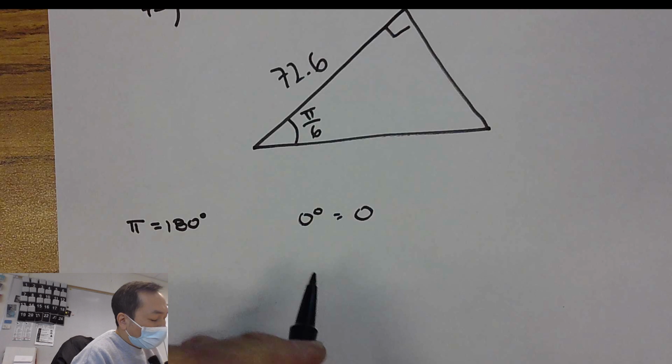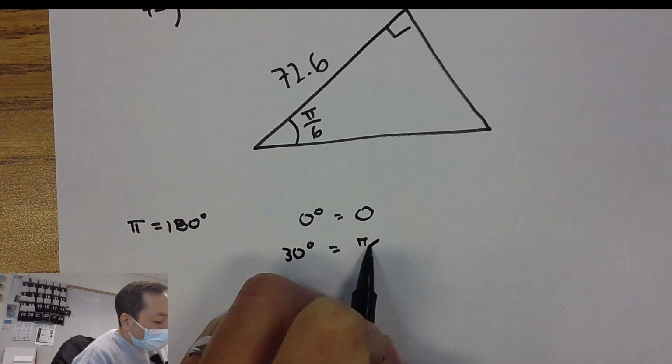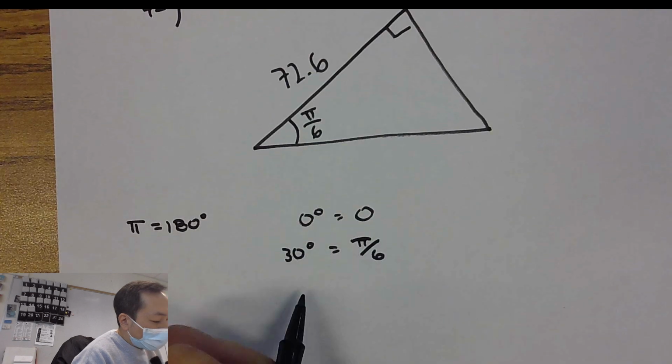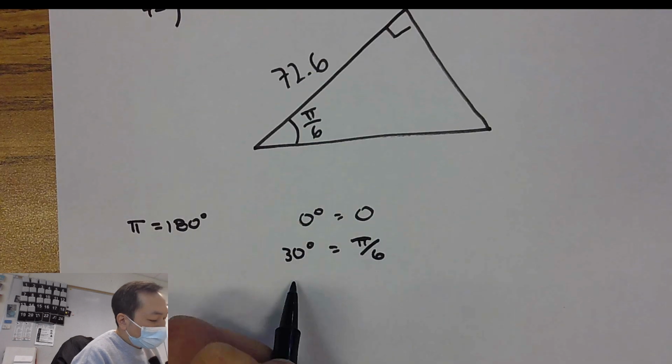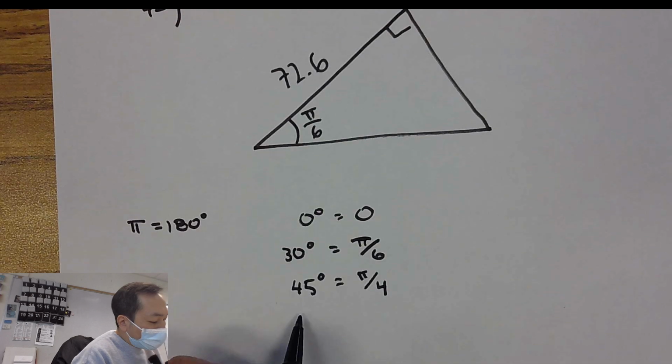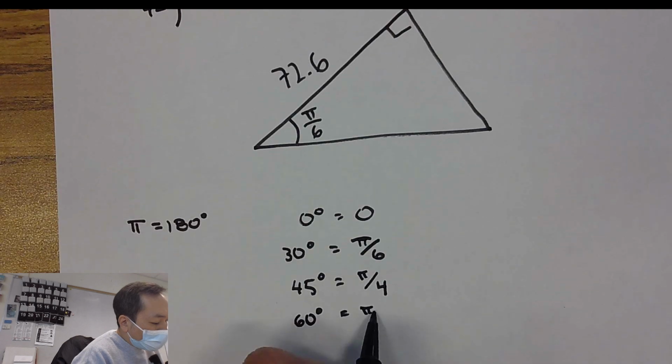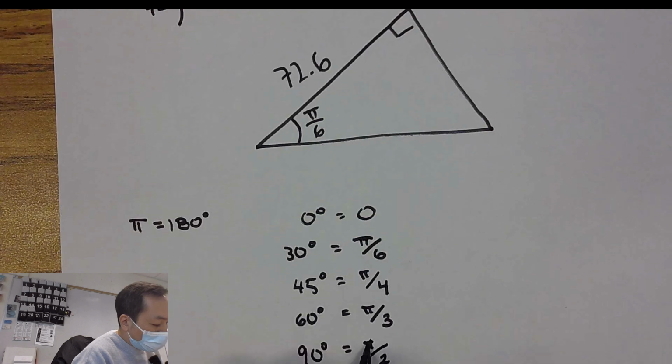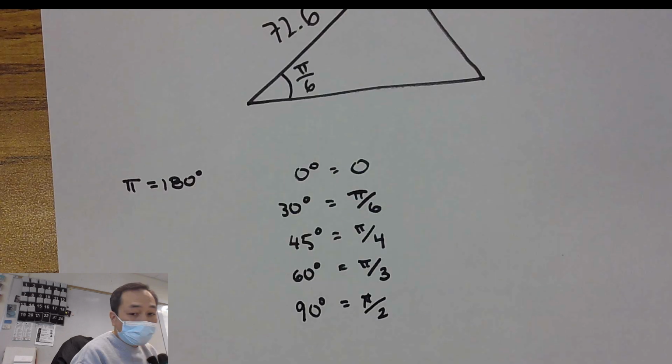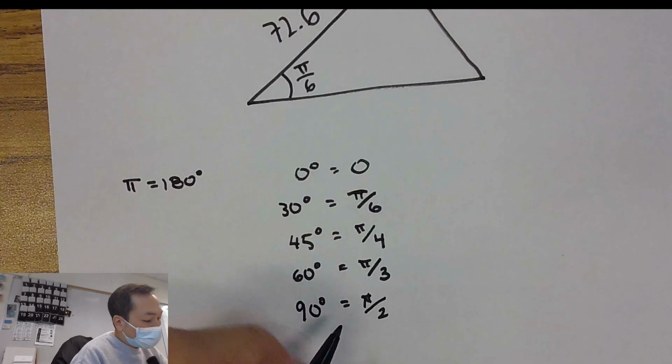That's easy. 30 degrees is pi over 6. 45 degrees is pi over 4. 60 degrees is pi over 3. And then 90 degrees is pi over 2. So just remember this, and then 180 degrees equals pi.